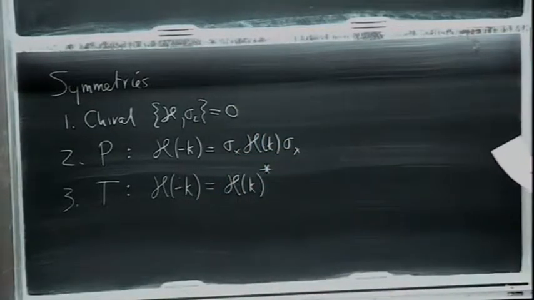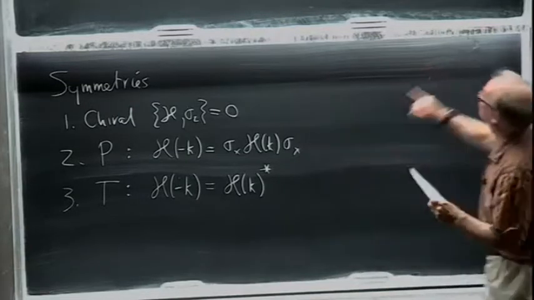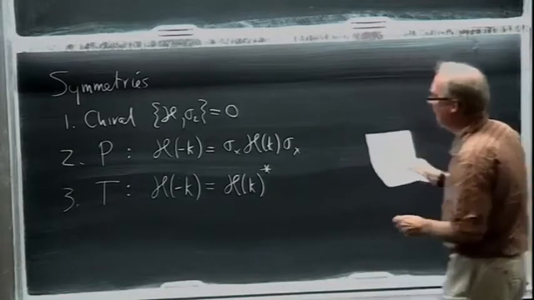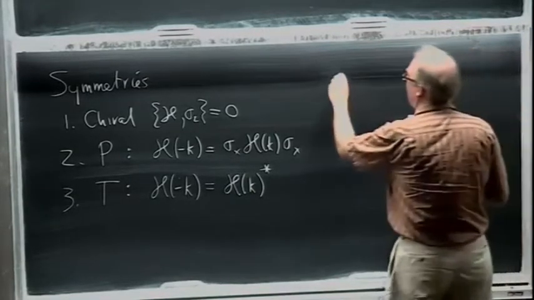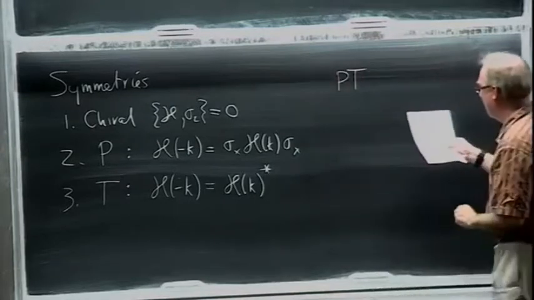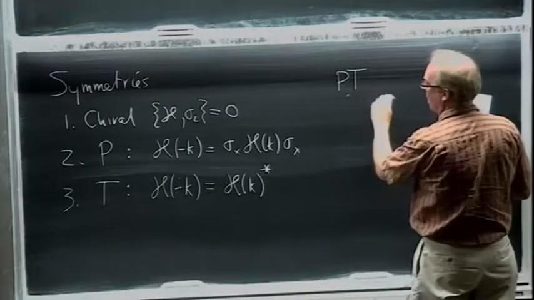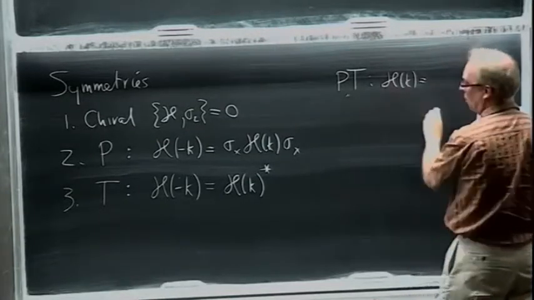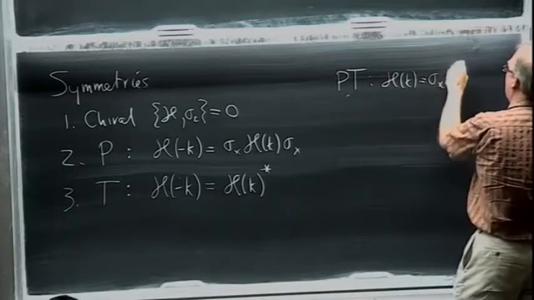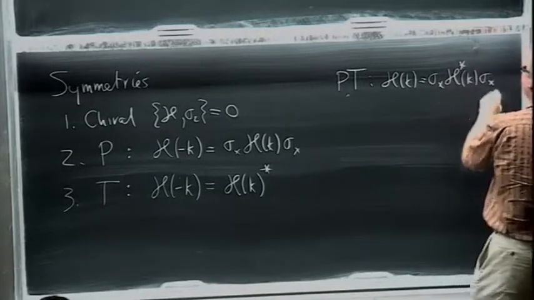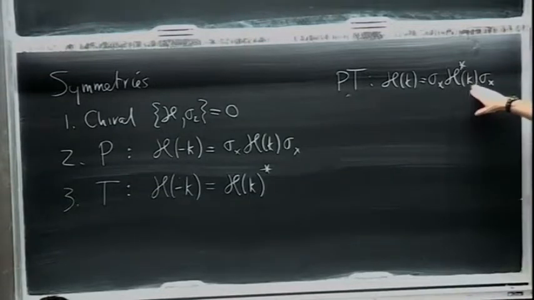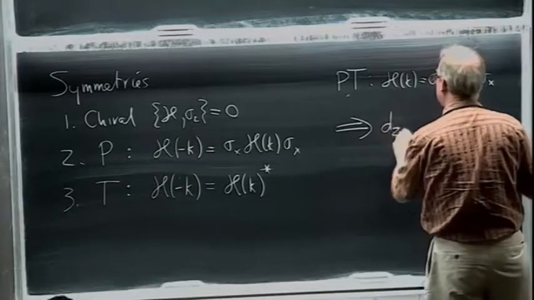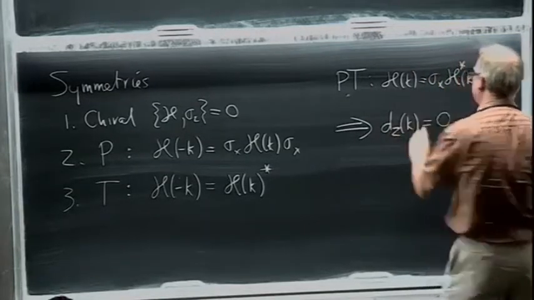And so these together give constraints on what form this D can have. In particular, I want to think about PT symmetry. And under PT, that says that h of k is equal to sigma x h star of k sigma x. And if you think about that, that requires that d_z of k is equal to 0.